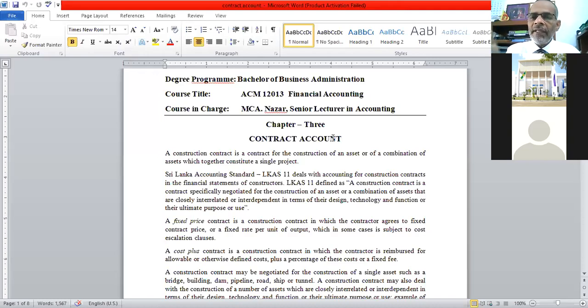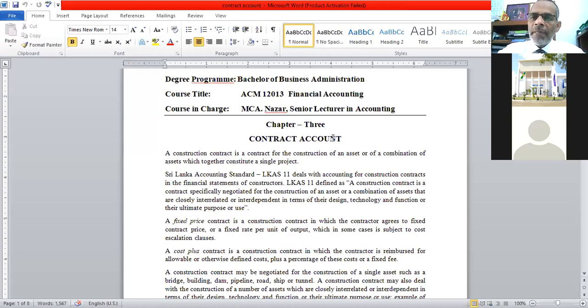Say for the current year, from 1st April 2020 to 31st March 2021, VTV Construction Limited, the contractor, is involved in construction for that year. They can have various contracts: contract A, contract B, contract 3, contract 4. All the contracts are separate, say one contract started in Ampara, another in Anuradhapura, another in Trincomalee. Like that, there are various contracts.